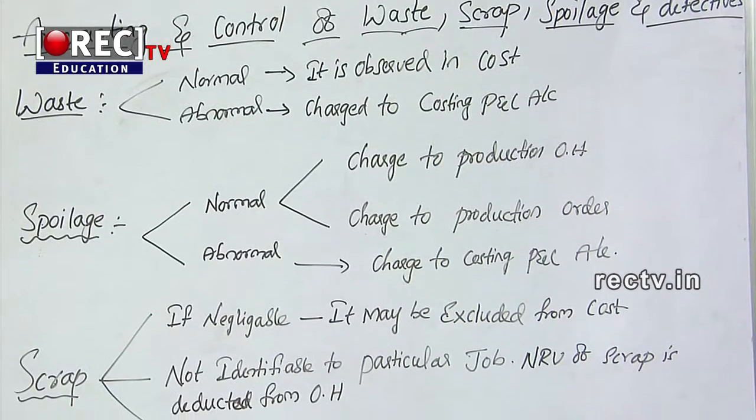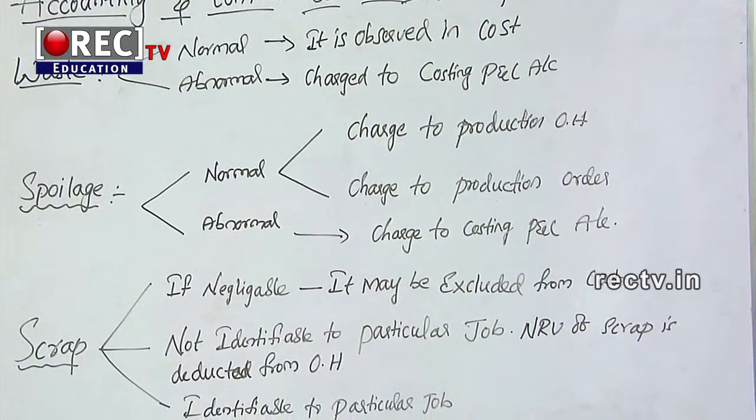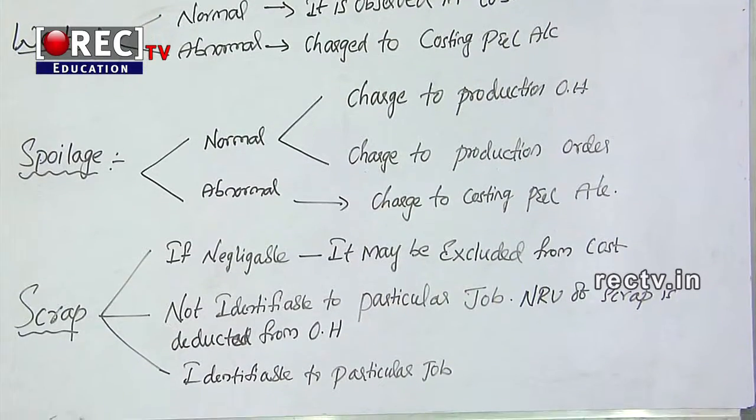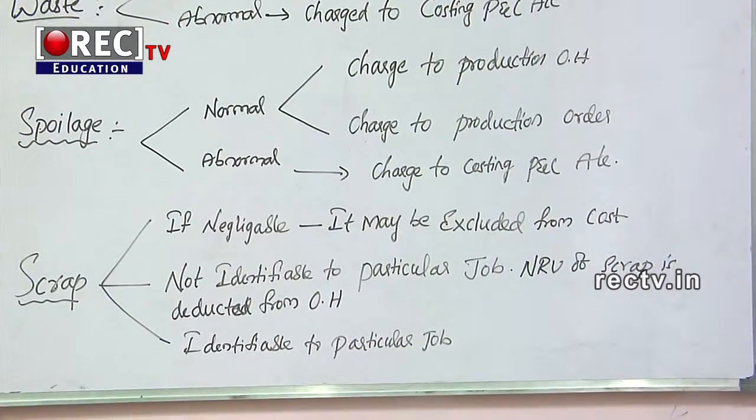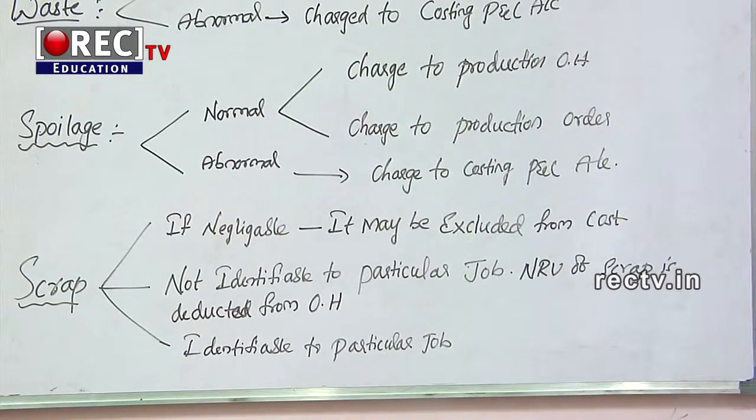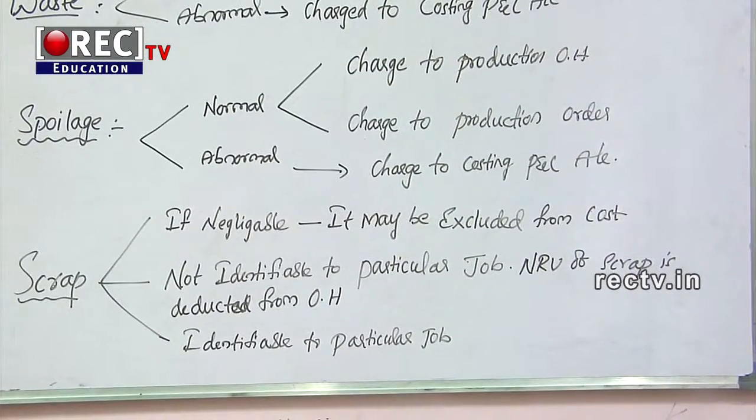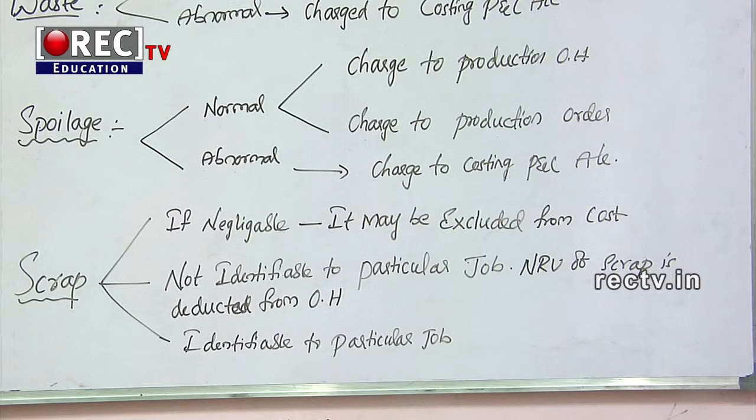Now let us see the accounting treatment of scrap. If the scrap is very small, that is, negligible, it may be excluded from the cost. Otherwise, the cost of the scrap can be included in the overheads, and the income we get from the scrap can be treated as other income in the general profit and loss account.